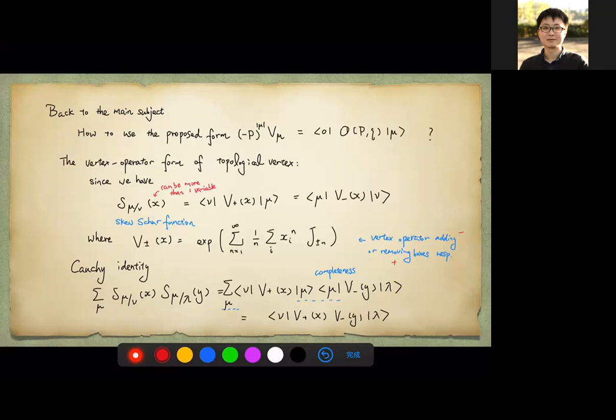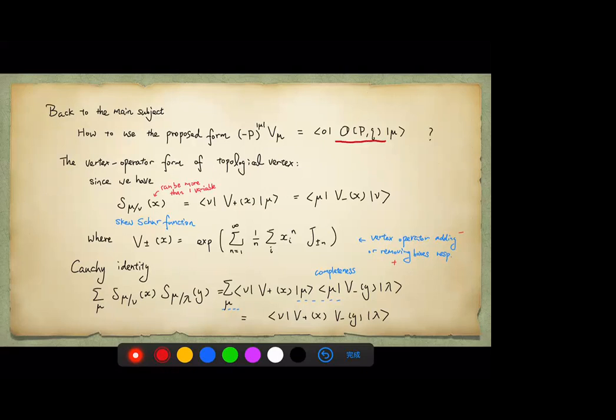What is practically used in the calculation is that we can just use this vertex operator form, and we can also use the vertex operator form of the Schur function, the skew Schur function.